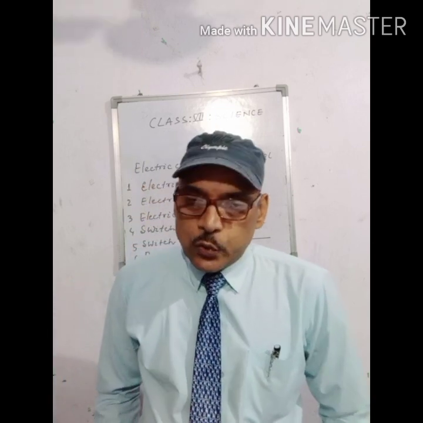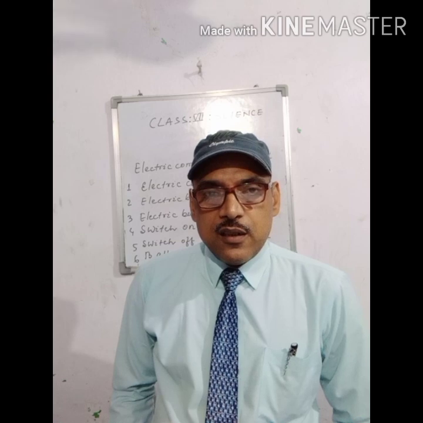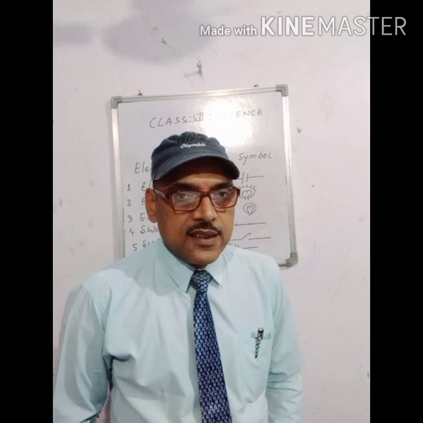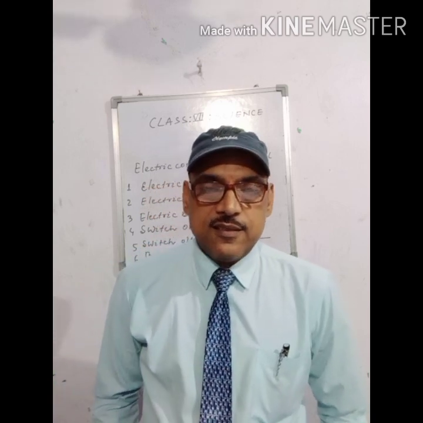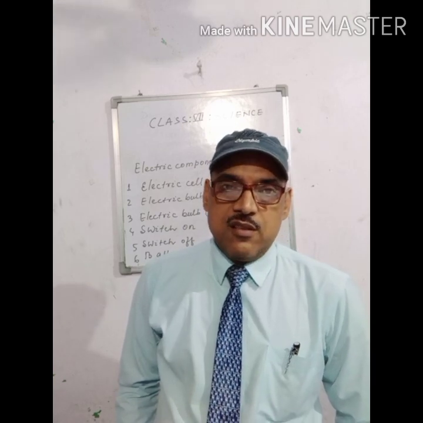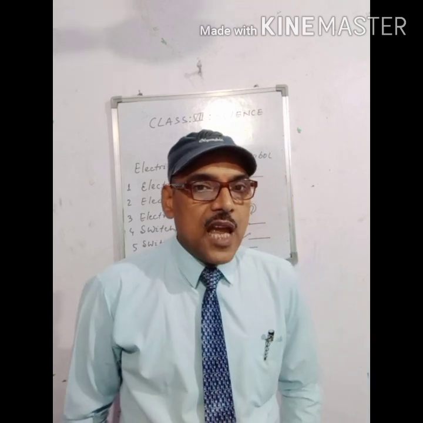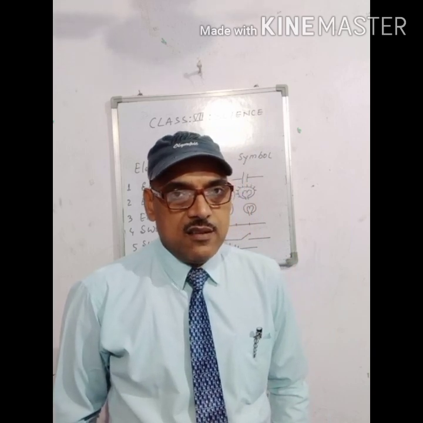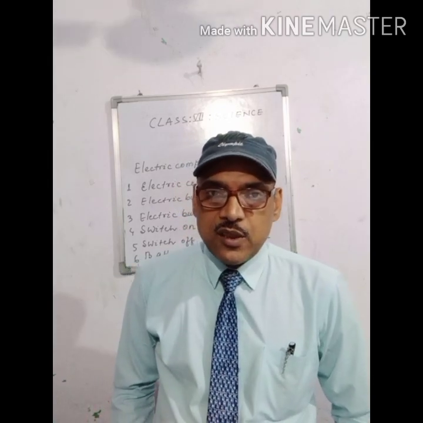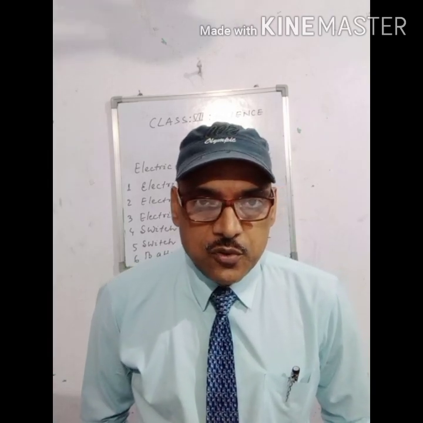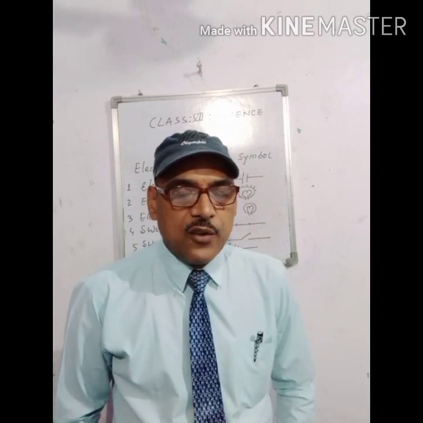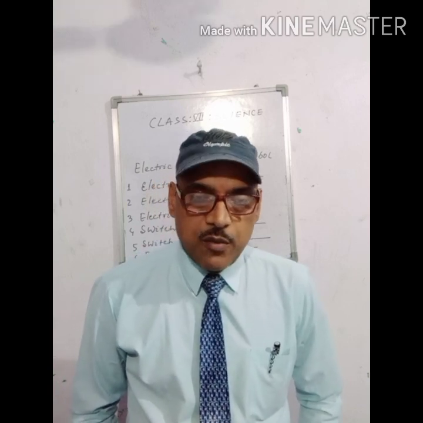So today we will know about the symbols of electrical elements, because we cannot draw the diagram of every component to show electric circuit, and therefore it is needed to express the different components of an electric circuit by symbol.